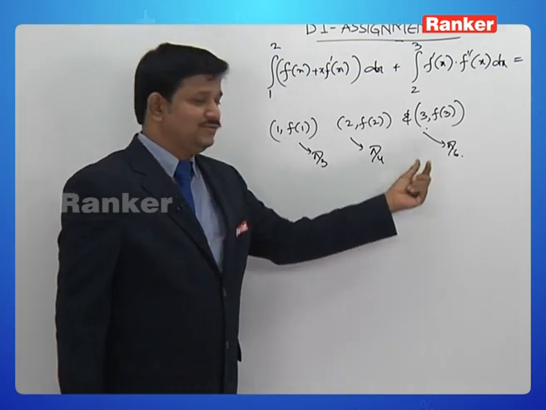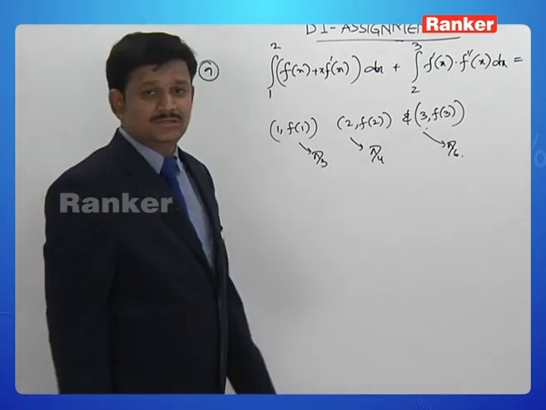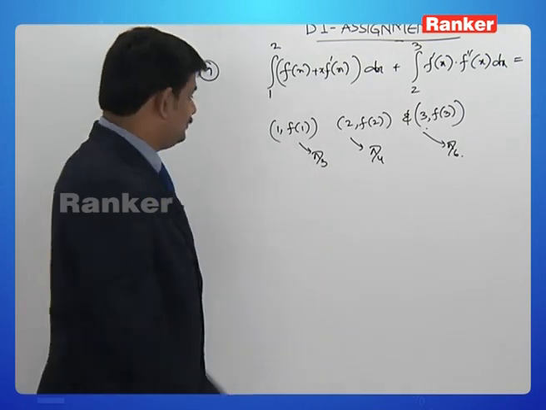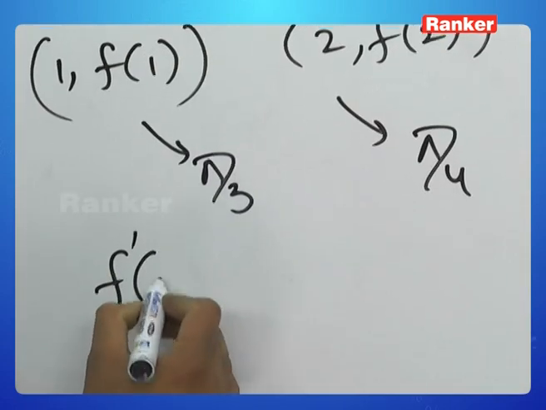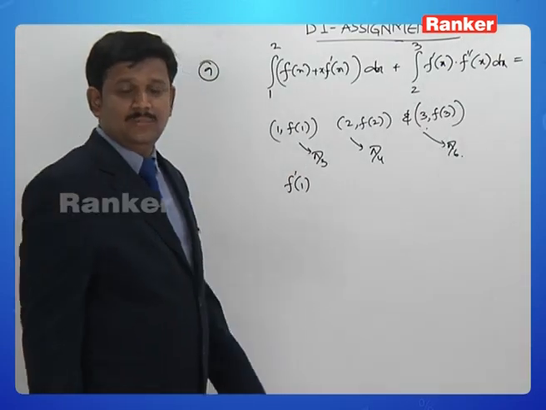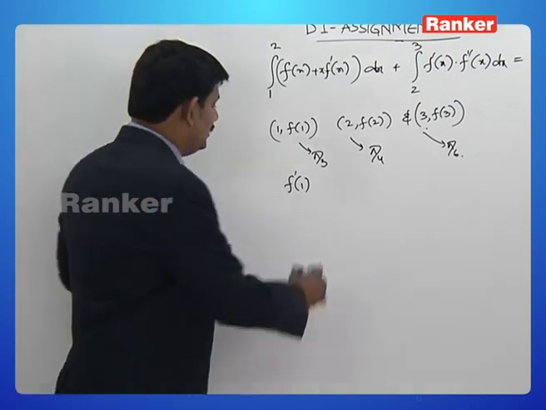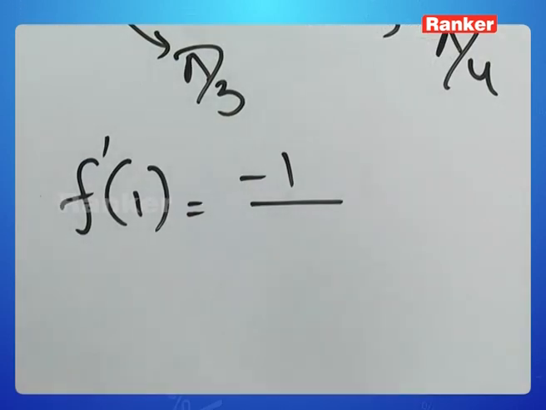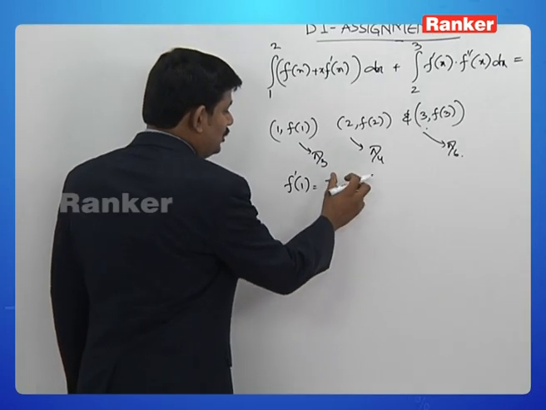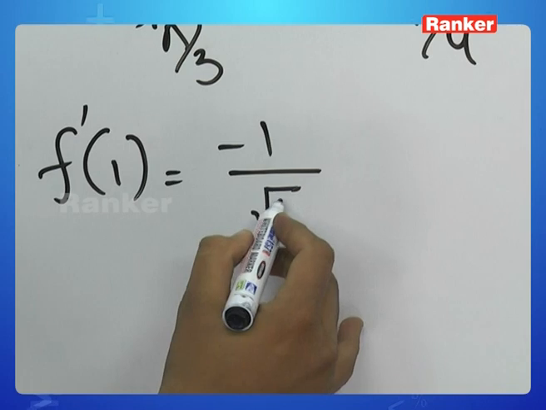Tangent of these angles will become slope of the normals. So minus 1 by the slope of this will become derivative at that function point. So f dash of 1, which is tangent slope at 1 comma f of 1, will be minus 1 by tan pi by 3, and tan pi by 3 we know it is root 3. So minus 1 by root 3.